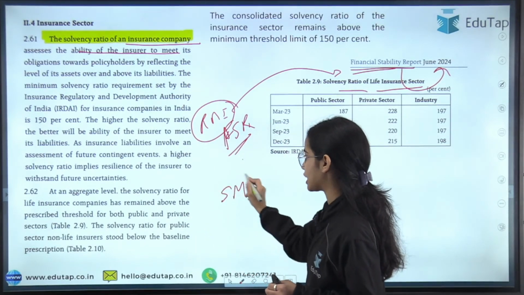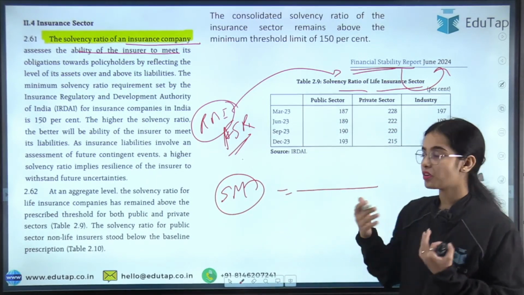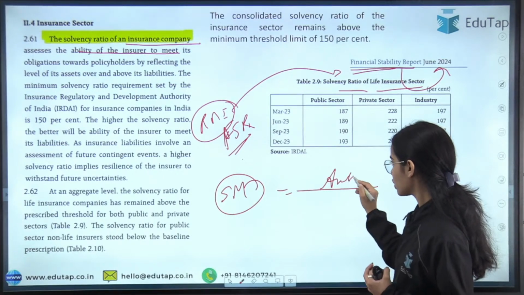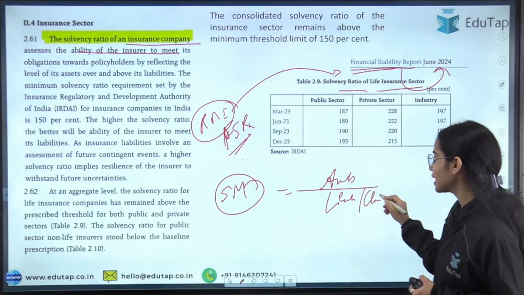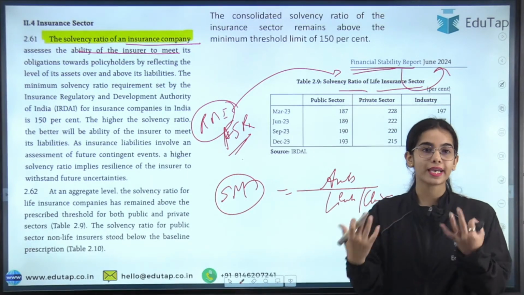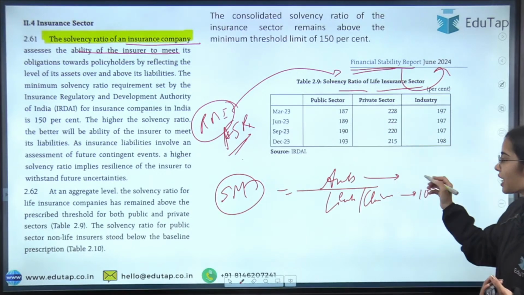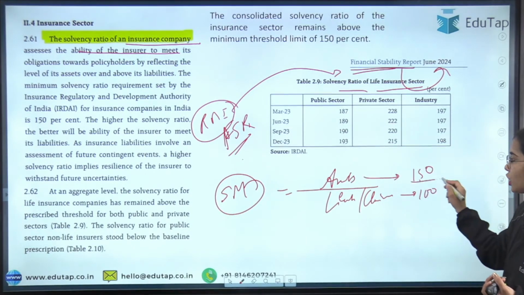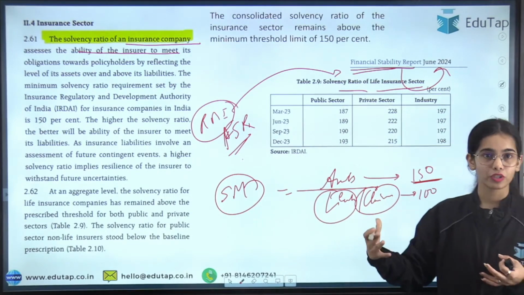In the solvency ratio, we are trying to see what assets the insurance companies hold against their liabilities or the claims that they can face. If they can face claims of 100 rupees, the assets they should be having should be 150. So these are the liabilities or claims that they can face.